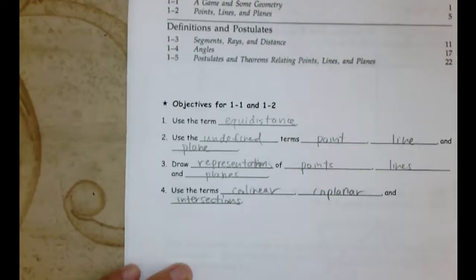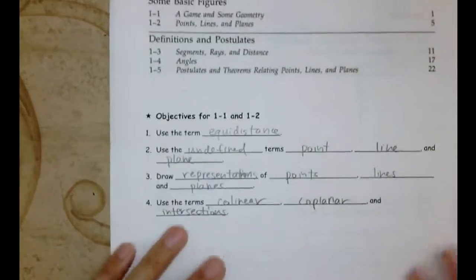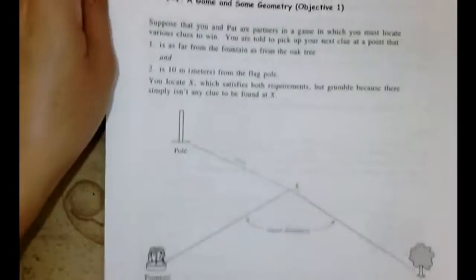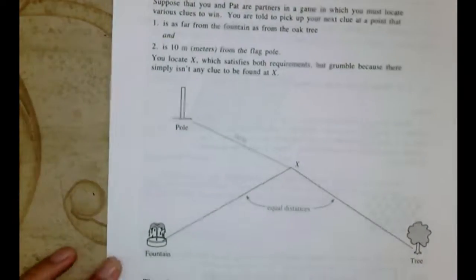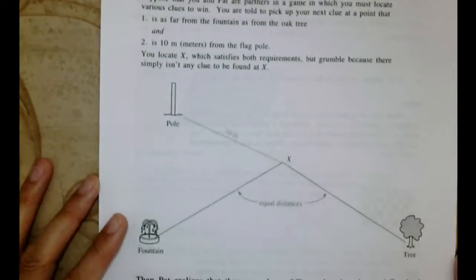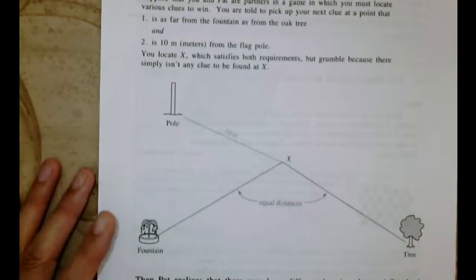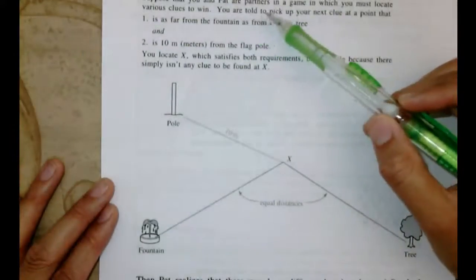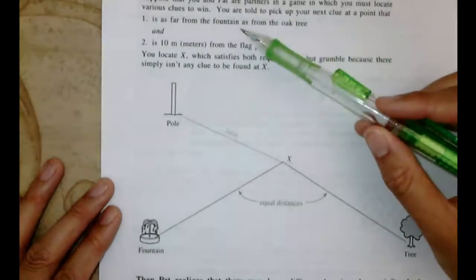Okay, so this section has a lot of definitions. Let's start with the first one in section 1.1. This is another little lesson to realize how geometry problems are structured and what you have to pay attention to. Suppose that you are partners in a game in which you must locate various clues to win.